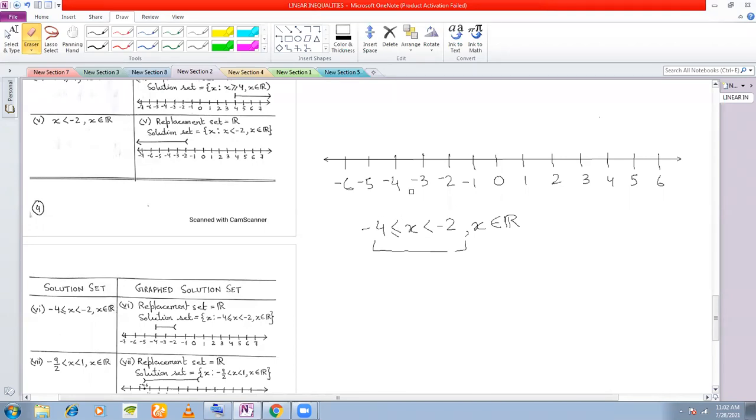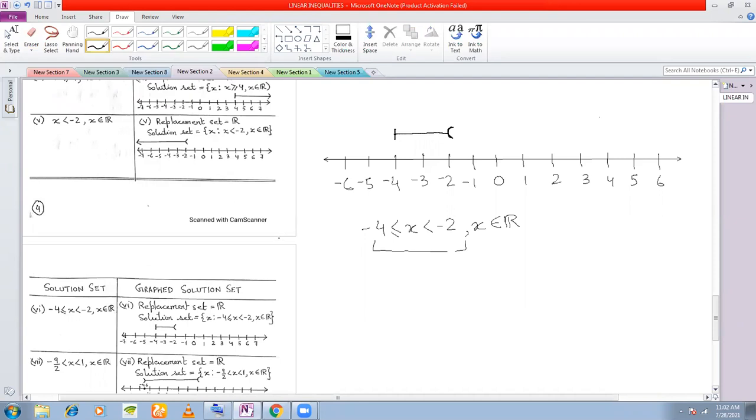So what we are going to do here is, x lies between minus 4 and minus 2. That means your solution will lie in between these two. And because x can be equal to minus 4, we give a vertical line above minus 4. Because x cannot be equal to minus 2, we give a curved line like this over minus 2.